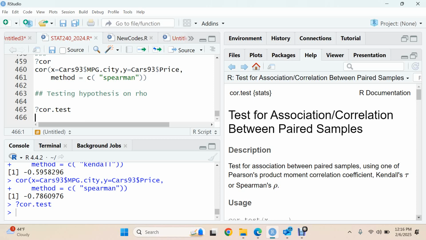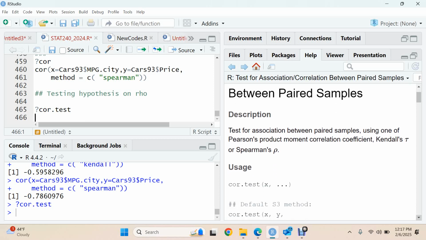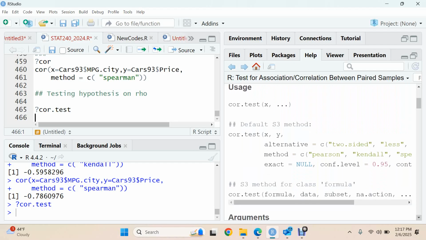So how do we use this? Just like what we did, call X and Y, or you can also use a formula if the data is arranged with the grouping variable in one column and your quantitative variable in another column. Then you can use the formula.